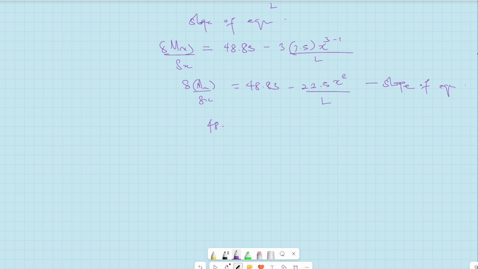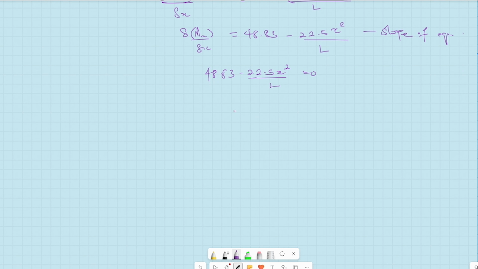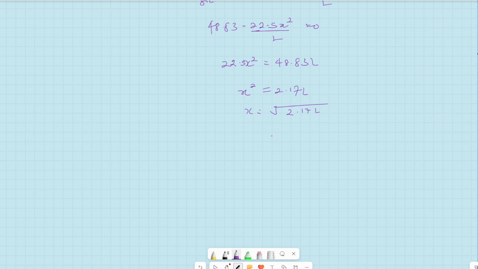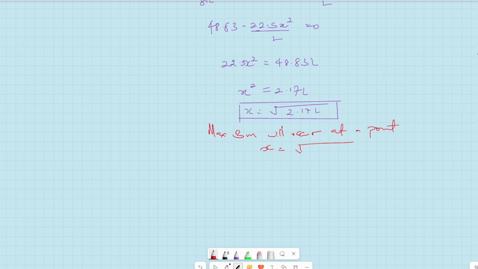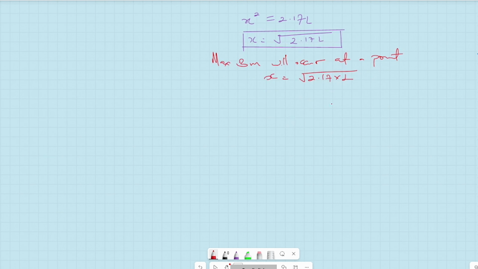So from here, when you solve this, you get... what this is telling us now is that our maximum bending moment will occur at a point x equal to the root of 2.17 multiplied by L. So now let's get that.